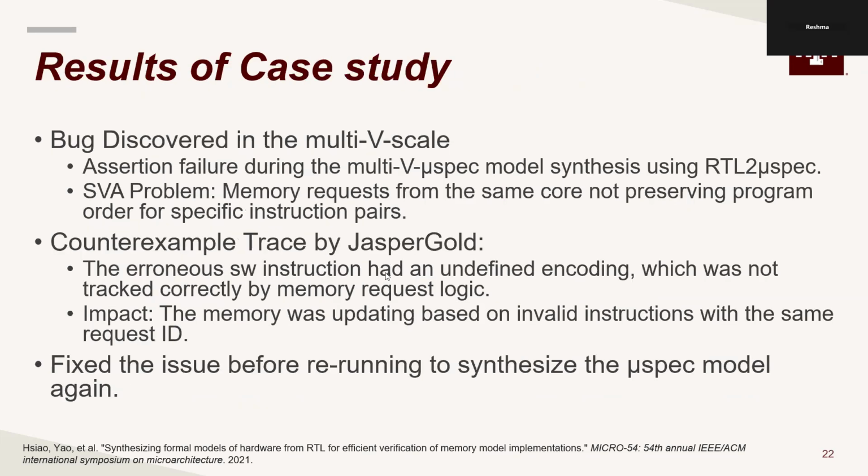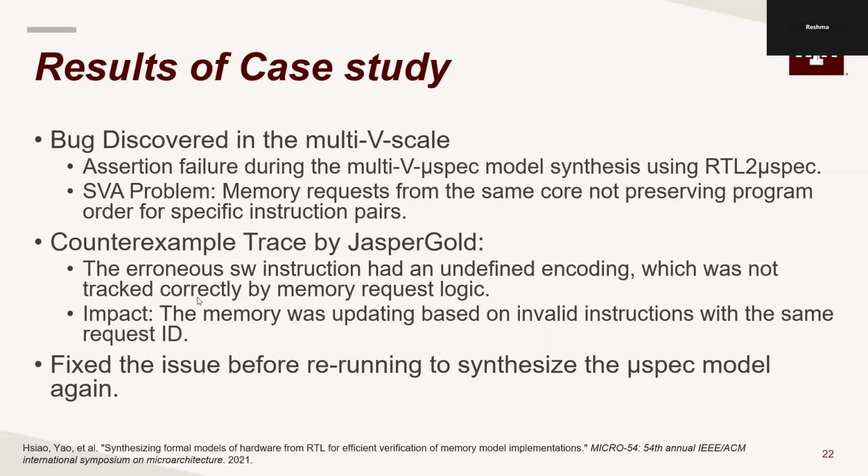this case study. Coming to the results of the case study, the interesting part of this is that a bug has been discovered in the Multi-V-scale. The issue was an assertion failure where memory requests from the same core were not maintaining the correct order for certain instruction pairs. By analyzing the counterexample trace from JasperGold, the authors identified the root cause, which was a store word instruction error with an undefined encoding.